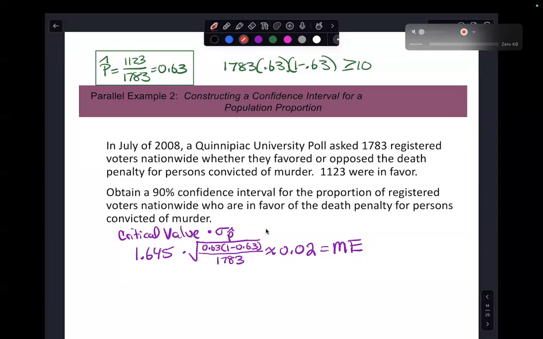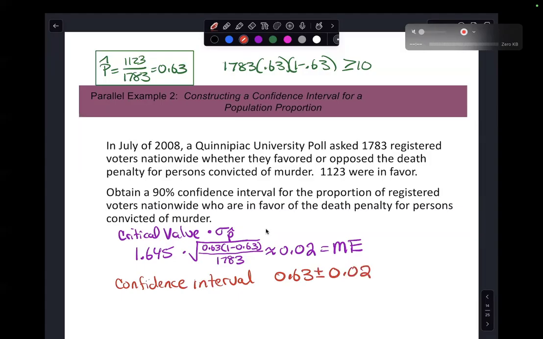So what I can say is my confidence interval, I'm going to write it right here, is p hat, 0.63 plus or minus 0.02.